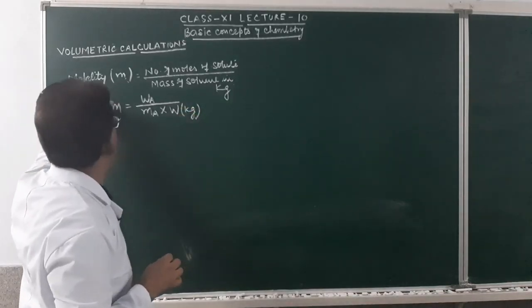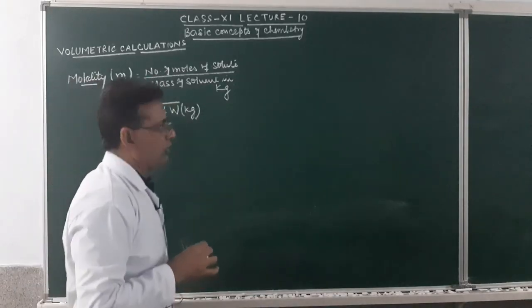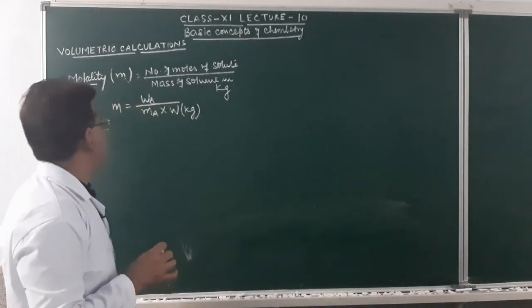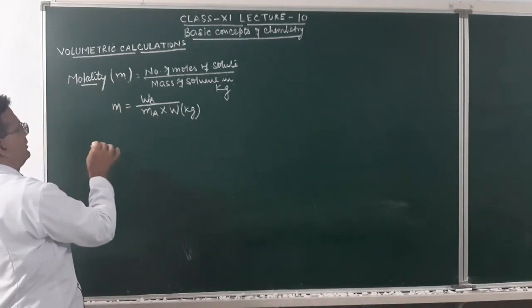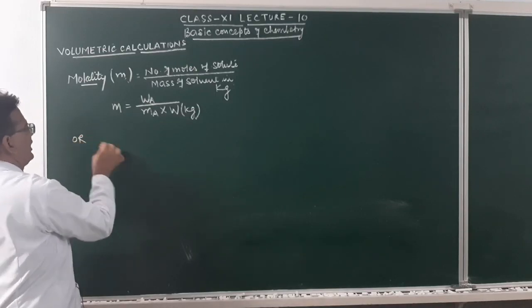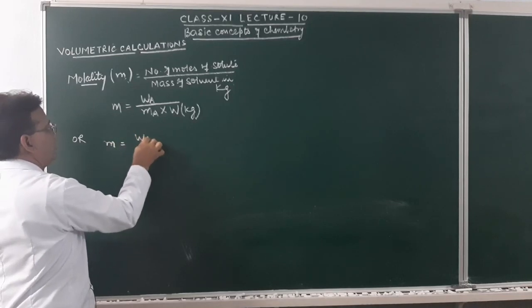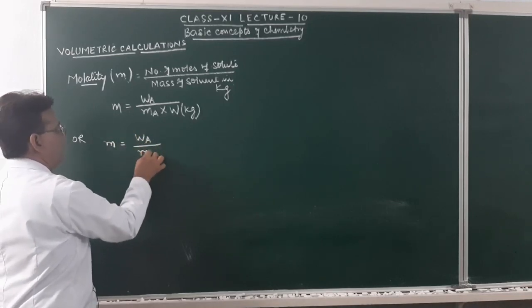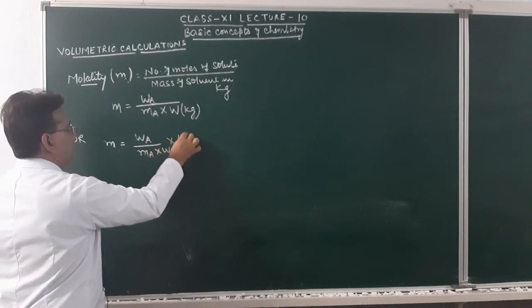So, how do we define molality? It is defined as the ratio of number of moles of solute upon mass of a solvent in kg. Now, if the mass is taken in grams, then the formula can be represented as m equals Wa upon Ma into W, multiplied by 1000.